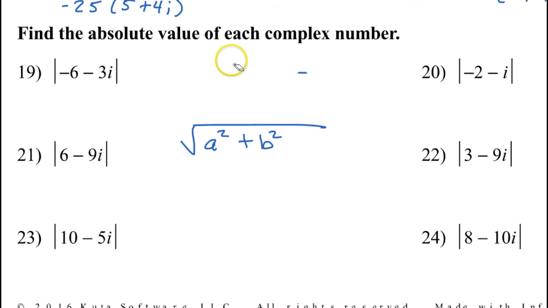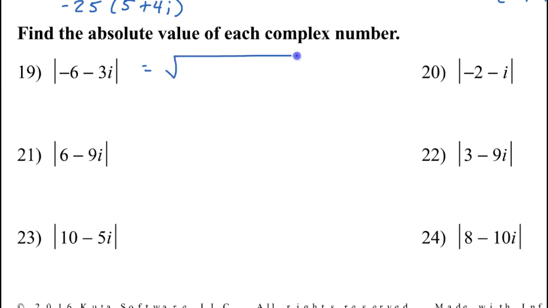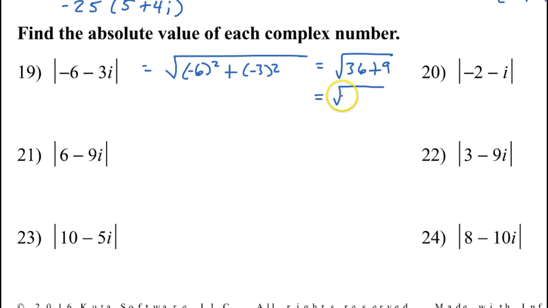So looking at these complex numbers, you can see what your a and your b is. So, for example, this one is going to be the square root of negative 6 squared plus negative 3 squared. So that's going to be the square root of 36 plus 9, which is the square root of 45.